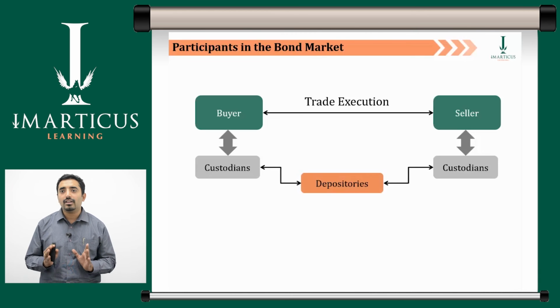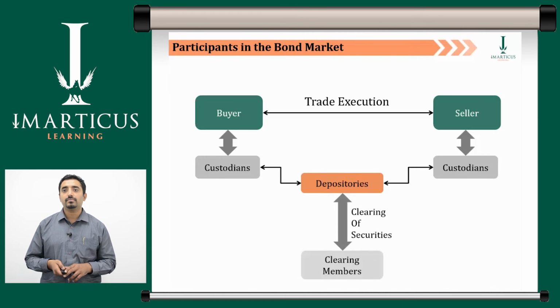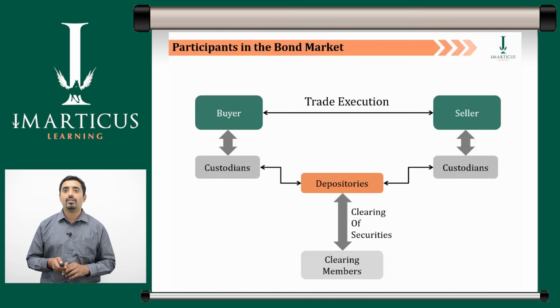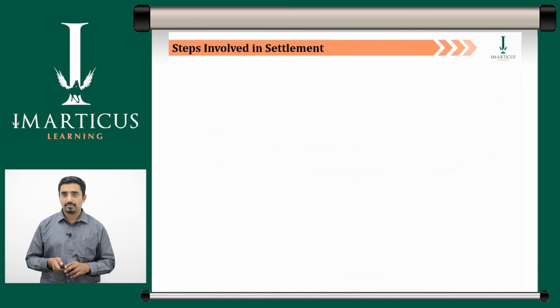Depositories are the party who, on behalf of the custodian, will instruct the trade in the market and perform settlement activity with the help of clearing members. Once this is done, the settlement confirmation is sent back to the custodians via the depository, who will then confirm the settlement of the order to the buyer and seller.